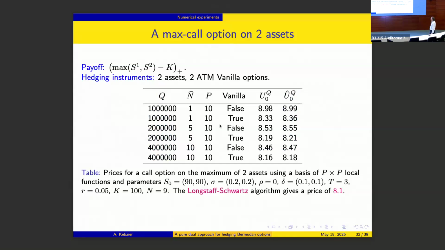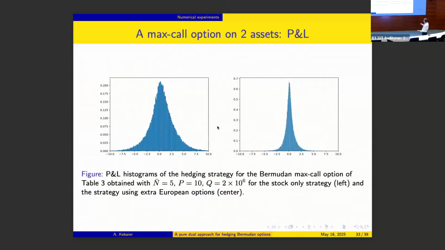Now let's go higher in dimension, take dimension 2. Here, take a max call option. Same thing here; the Longstaff-Schwartz price is 8.1. And here we notice that we are getting close. If we increase Monte Carlo and allow adding vanilla options, we are really close to the true price, I mean, the Longstaff-Schwartz price. And the hedging is perfect here.